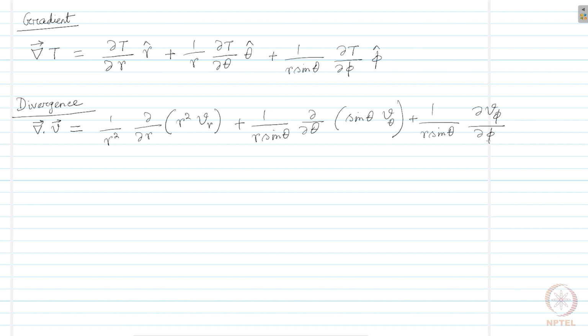This is the expression for divergence, and finally the expression for curl in spherical coordinate system can be given as follows.